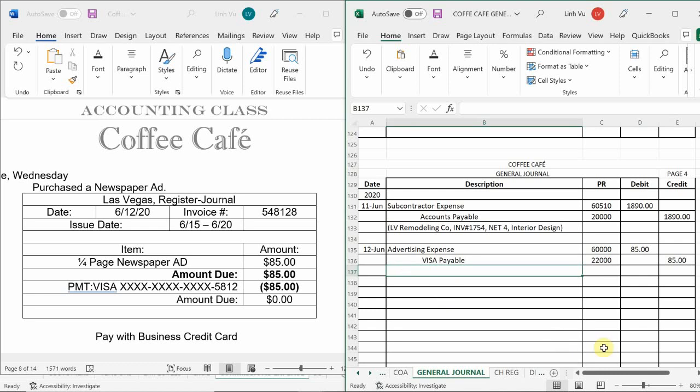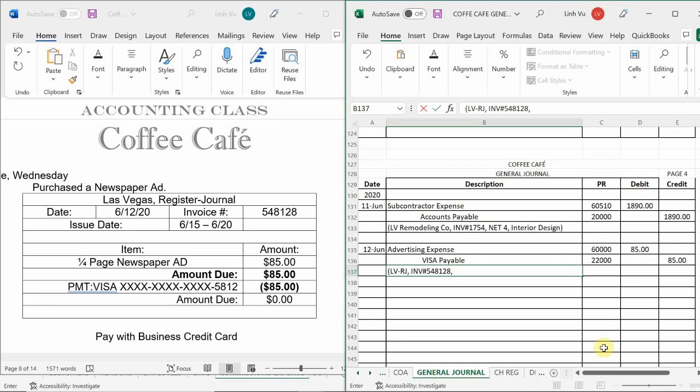We have the person that we went to, LVRJ. What was the proof of transaction? Invoice 548128. And we paid for it with a Visa credit card. You don't need to put that there because it's straightforward. And then what did we buy?